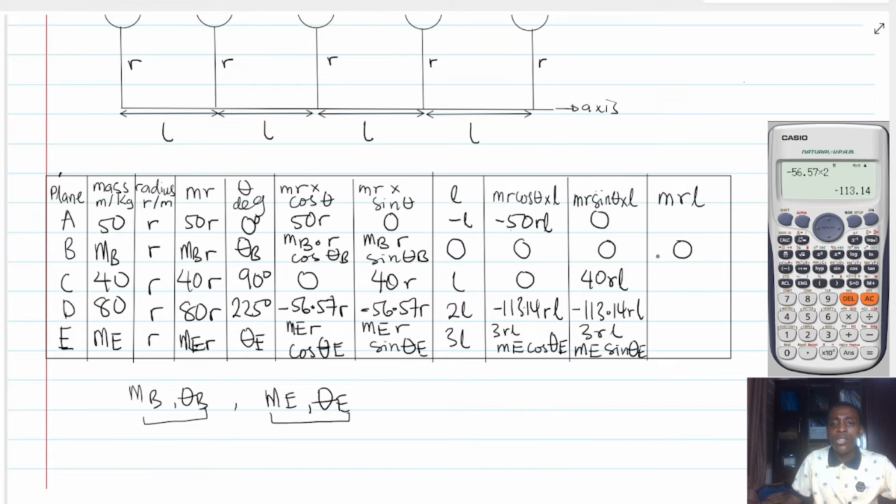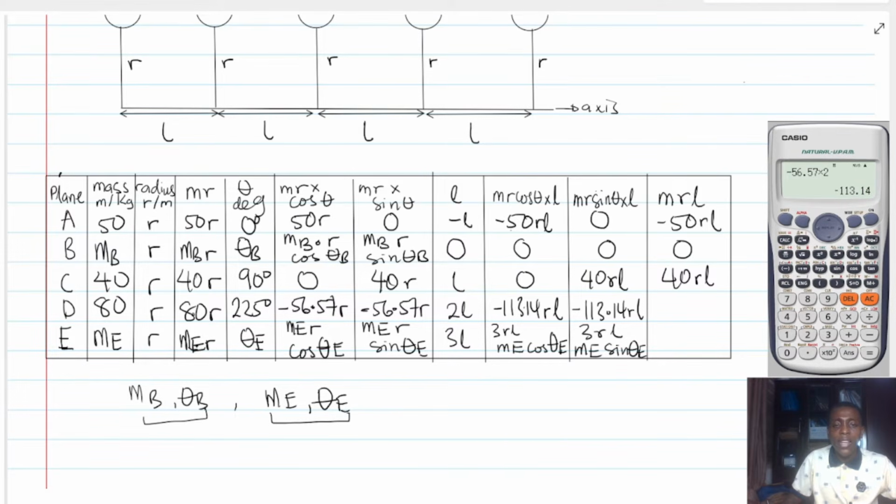Now, if I am interested in the first part, then it's going to be MR, which is 50 times this R, and then multiply by this. So I'm going to do minus 50 RL. This one is going to be 40 R plus L. So 40 RL.